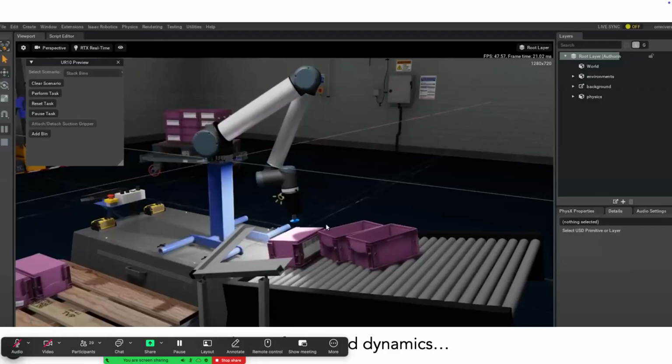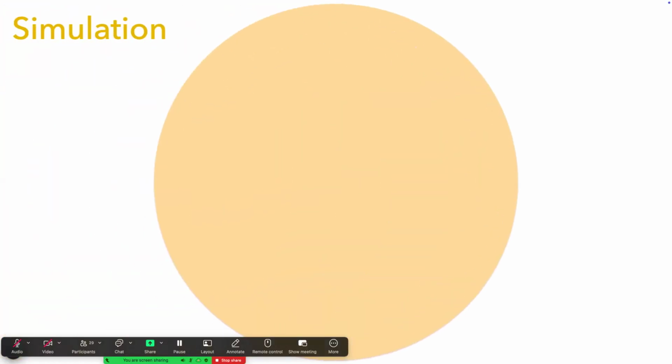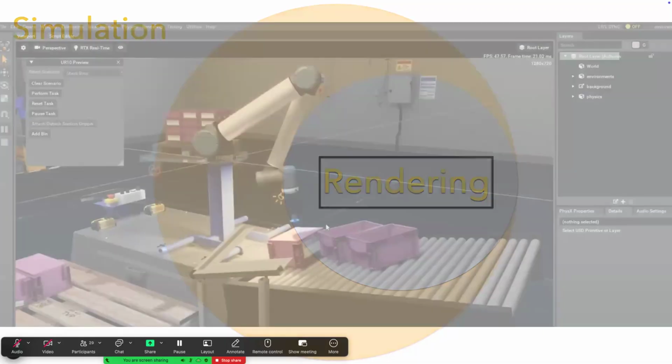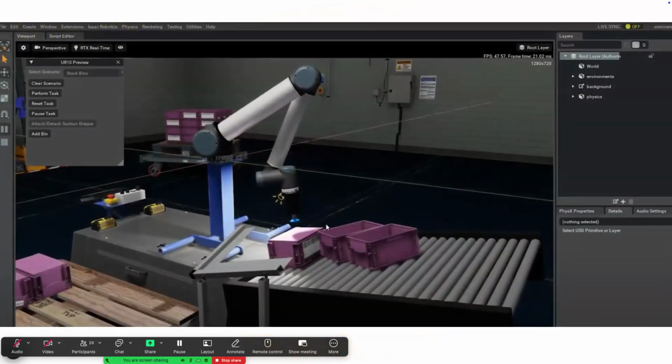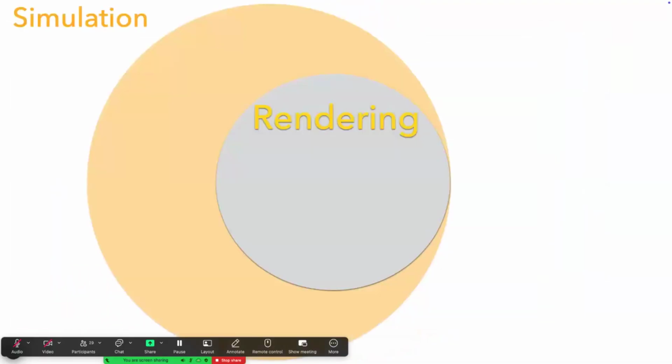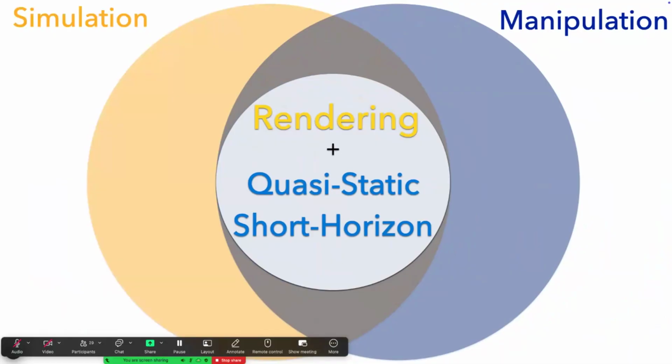If you have a simulator like this, there's usually a fairly sophisticated physics model inside that models the forces. But if you ignore that and just use the graphic element, what we'll call the rendering component of the simulation, our hypothesis is that it gives you very nice visual images, and that seems to overlap very nicely with that subset of manipulation tasks. In other words, for these tasks, we may not need all of the sophistication of force models.